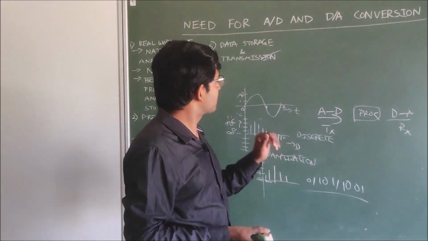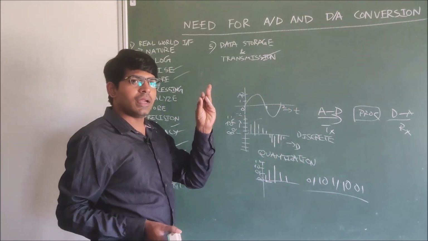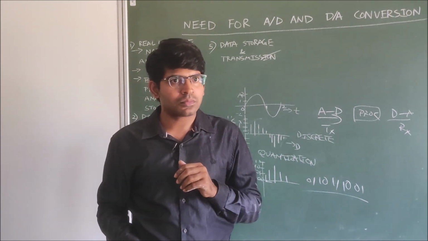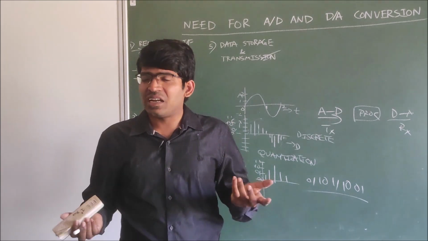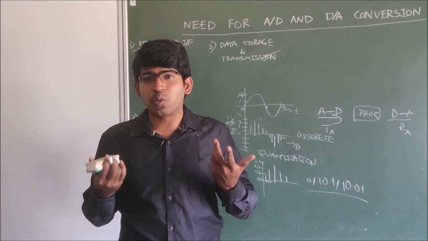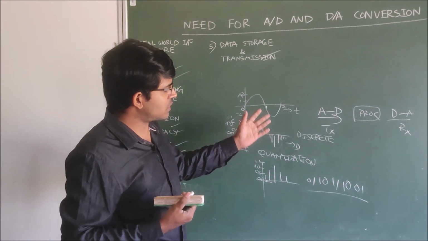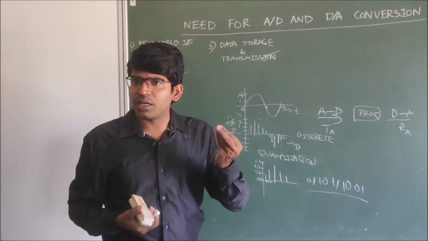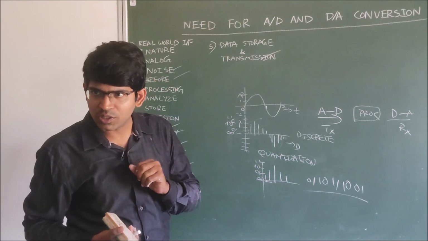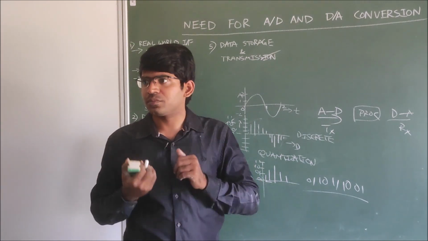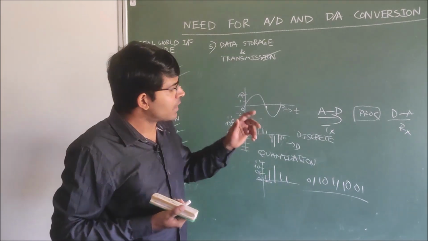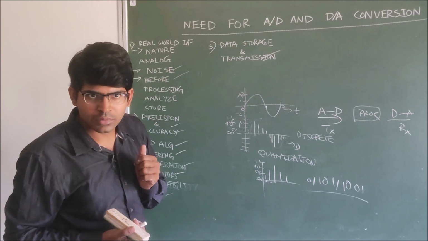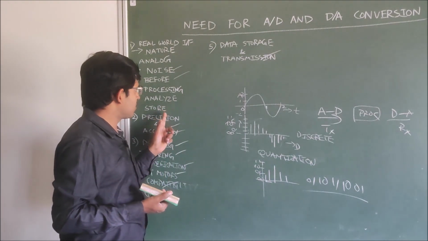Once again we are discussing: real world information, we observe only as analog. But these analog signals are difficult to process, for many reasons I told. So even though the real world signals are analog, because they are difficult to process, we are converting them to digital. The analog signals are affected by noise compared to digital.